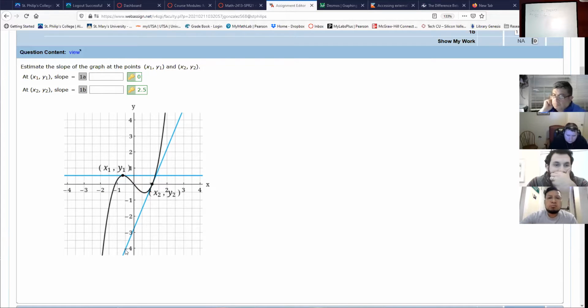And then for x equals 2.5, that would give us 3.5. It doesn't matter how you do it, as long as you choose a point and you count the units to the other point.